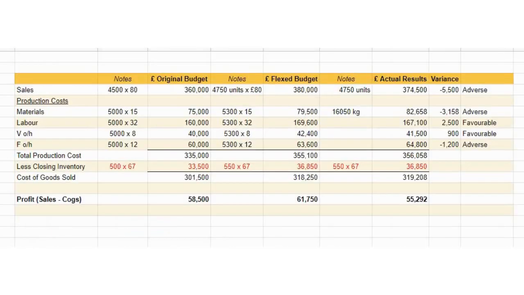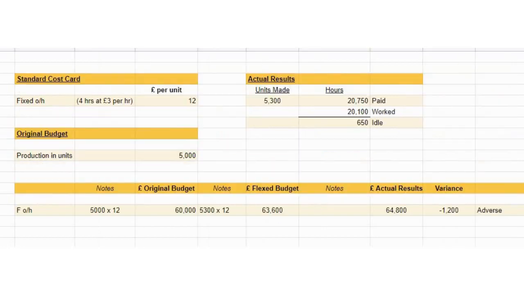The final variance to look at is the fixed overhead variance. Here we can see that the original budget was £60,000 for the fixed overheads, the flexed budget was £63,600, and the actual results came in at £64,800, giving an adverse variance to the flexed budget of £1,200. I've summarised some of the information needed to calculate the fixed overhead variances.